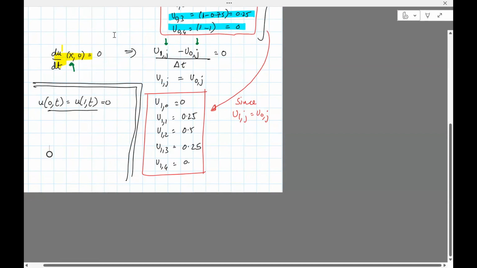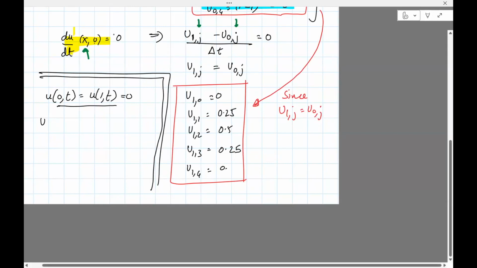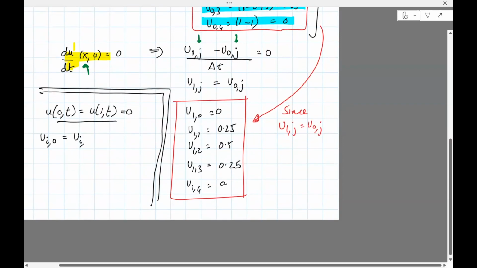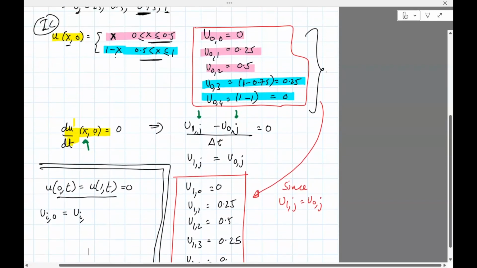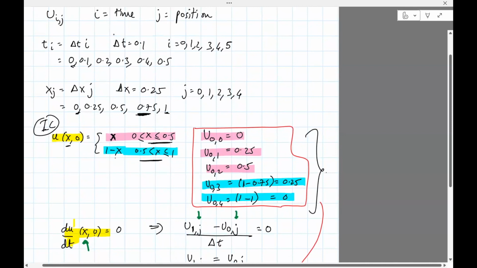So u0 comma t would be, the first index is time, so I keep it as it is. The second index is x, that is 0, so that's 0. Again, time, the first index remains as is. The second index is 1, so I need to locate the value of j when x is 1.